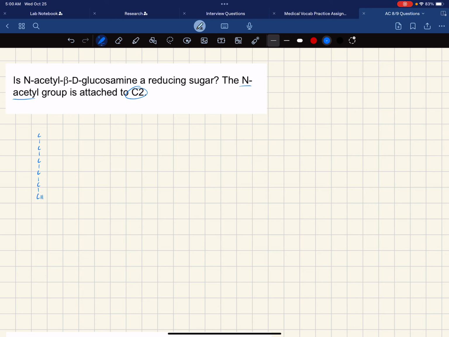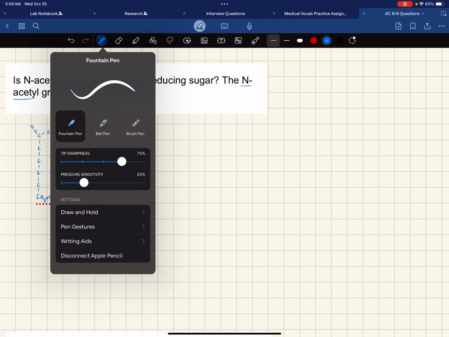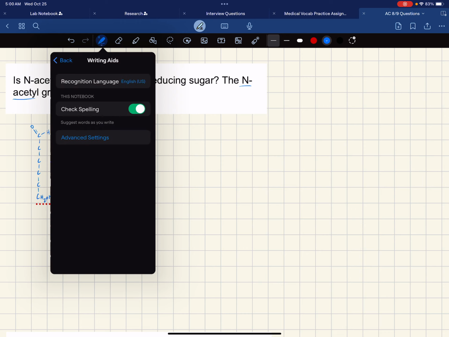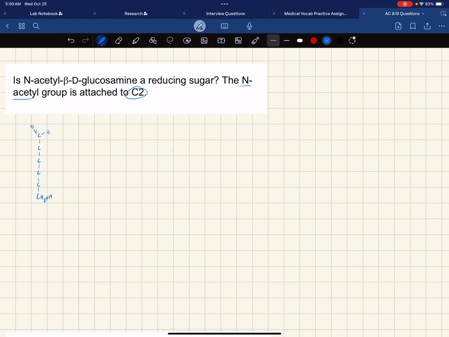This is a CH2OH. And then for glucose, I've got an OH on the right, on the left, and then 2 on the right.